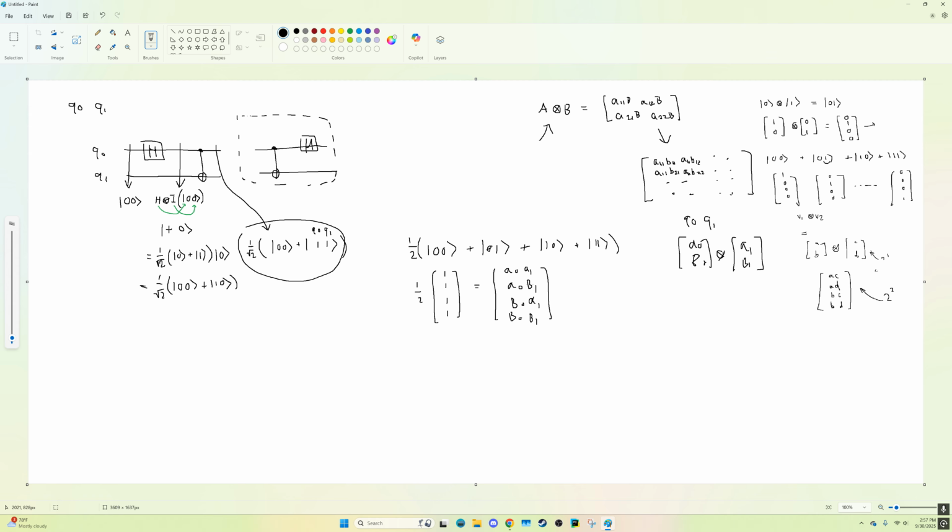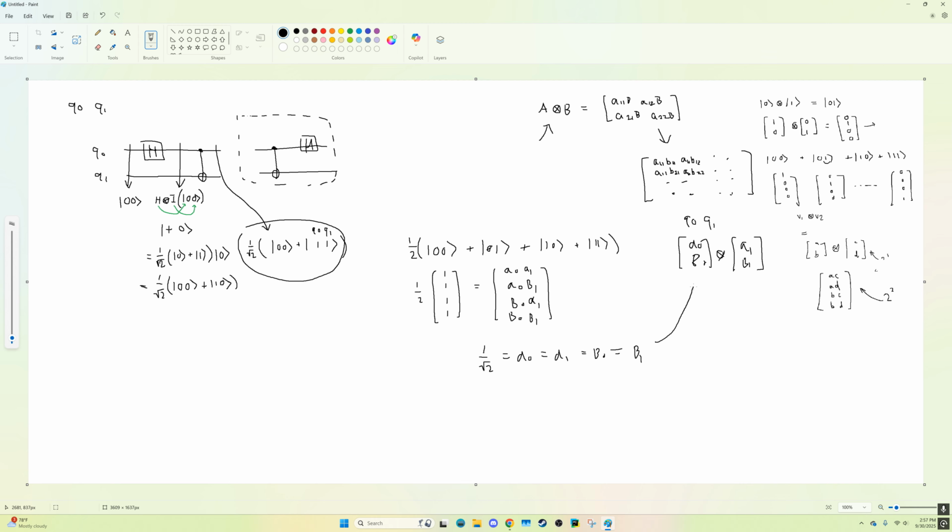This actually does have a possible solution where every single entry is 1 over square root of 2. So 1 over square root of 2 equals alpha 0 equals alpha 1 equals beta 0 equals beta 1. And if you did that, you would get 1 over square root of 2 times 1 over square root of 2 is 1/2, which is each of these vector's entries given this coefficient right here.